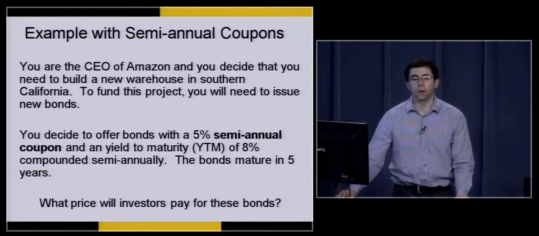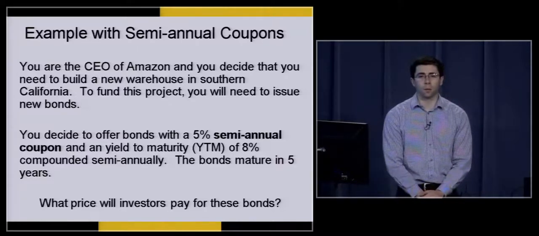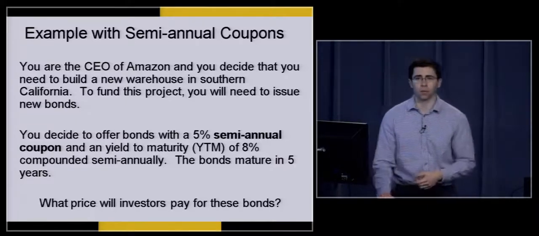All right, so the way we work an example where we have bonds that pay out coupons semi-annually is that we change the number of payments, the interest rate, and the payment so that we indicate that there is a semi-annual payment. So we're going to do three things. First, we're going to double the number of periods because our number of periods until maturity is doubling when we have semi-annual coupon payments as opposed to annual payments.